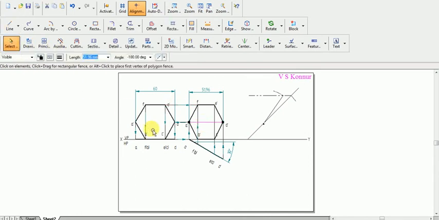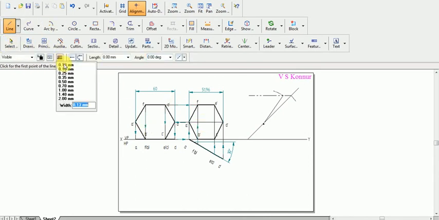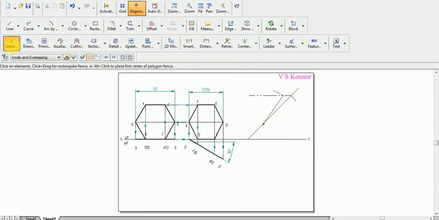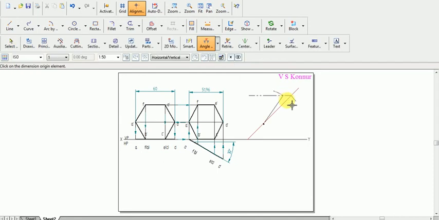This diagonal is inclined at an angle of 45 degrees, and that angle of 45 degrees we will specify.